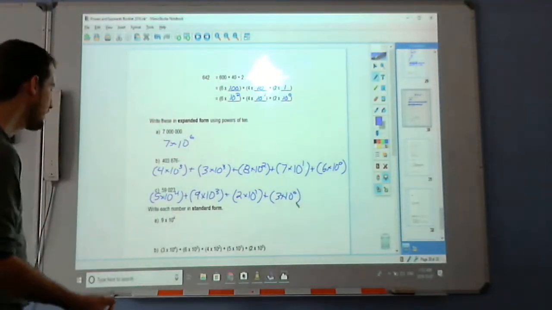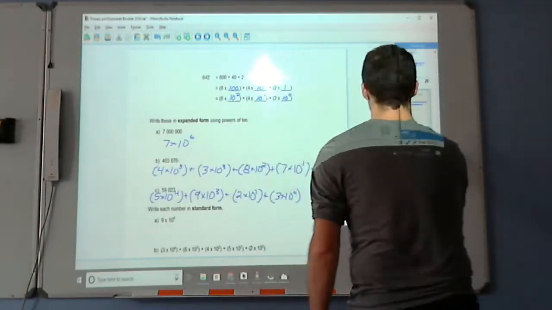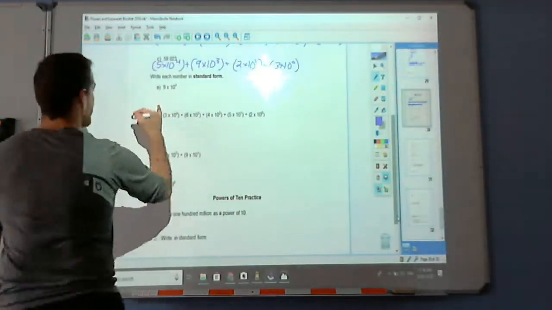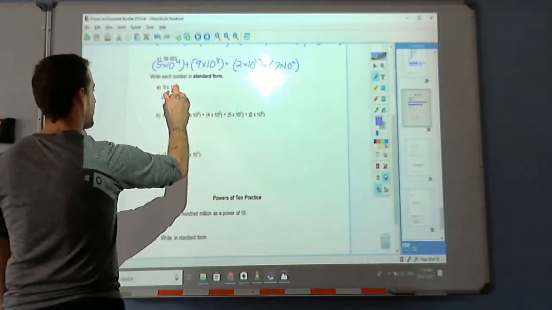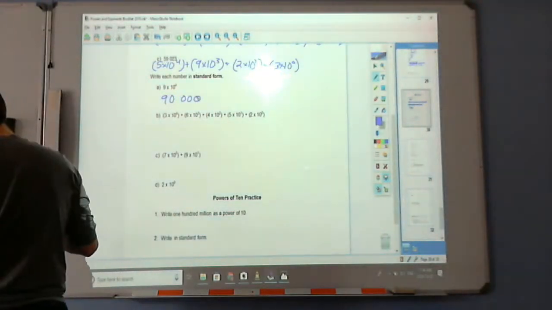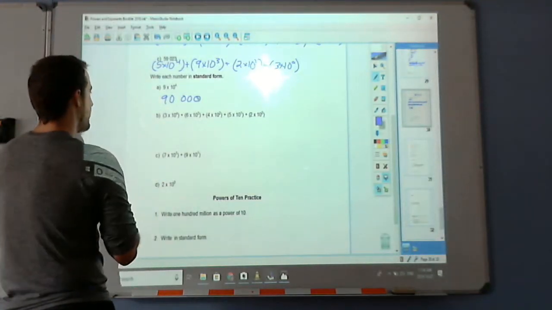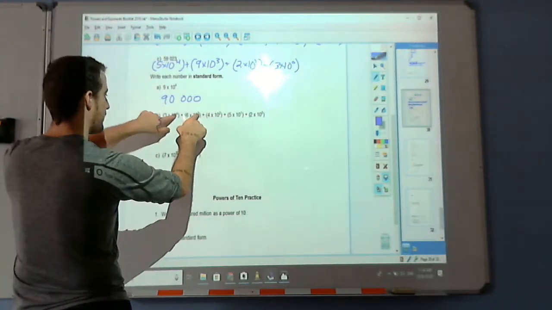Okay, so now we're going to write each number in its standard form, also known as just without any extra. So 9 times 10 to the power of 4, well, we have 9, and then 4 zeros, so 1, 2, 3, 4, right? You can always try that in your calculator too if you want. Here, it gets a little bit trickier, but we have 3, and then 4 zeros.